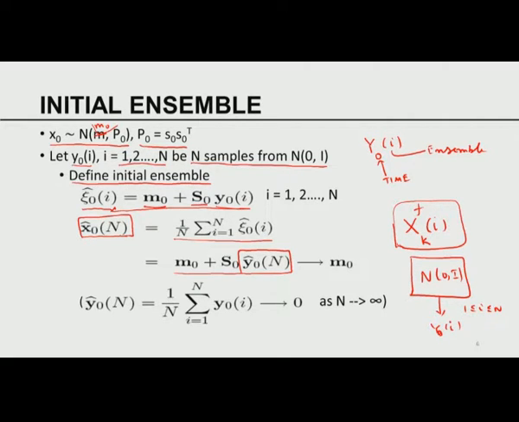Now what is the basic property? y is a standard normal, with mean 0. So what is the claim? y naught bar, which is given by this, tends to 0 as N tends to infinity. Why? Y's are the samples created from a standard normal with mean 0. So these are the properties.